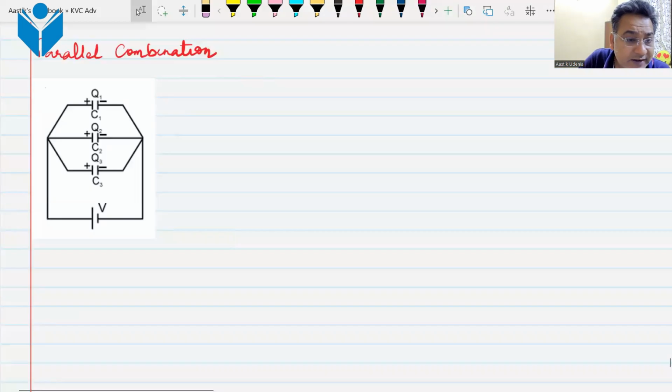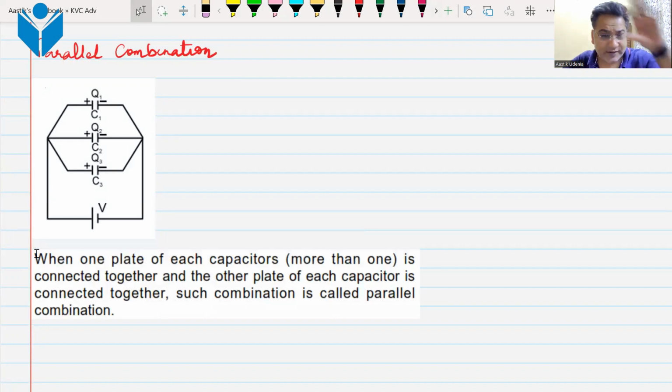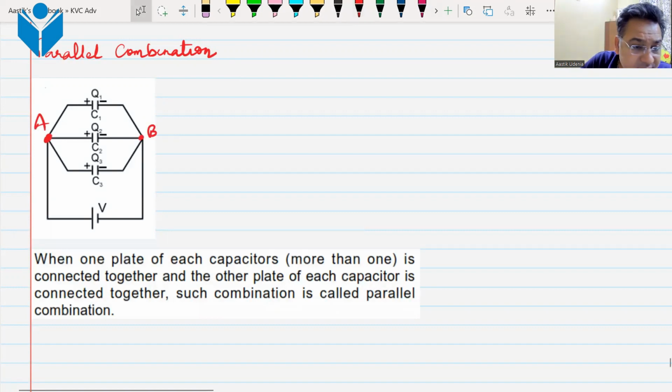Okay. The next one is the parallel combination. In this parallel combination, what is happening is, as you can see, one plate of all the capacitors is connected to one point here, and the other plate is connected to the other point here. In such a case, the capacitors will be in parallel.